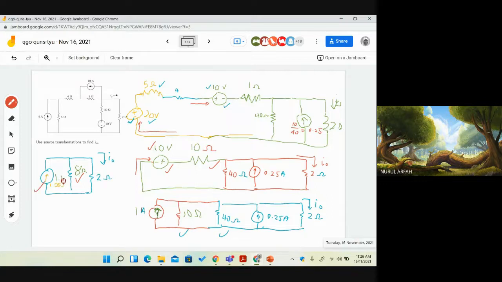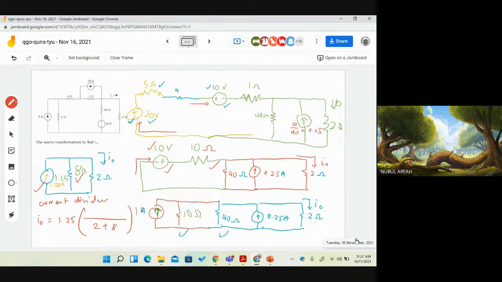1.25, yeah, good. Okay, so last, we use the current divider. And I note is equal to 1.25 into what? This is 2 plus 8. Okay, so what is at this part?